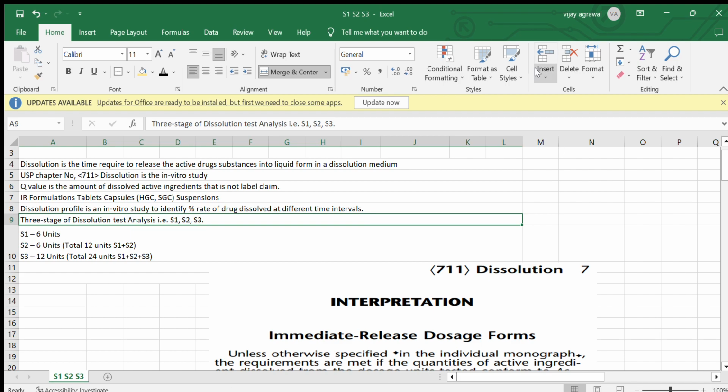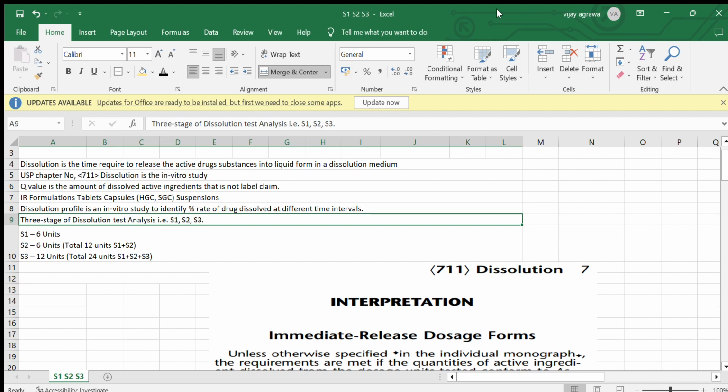Now if the formulation passes the S2 stage criteria, then the formulation is passing the dissolution testing, and if the formulation again fails at S2 stage, then S3 stage testing will be done. So in S3 testing, another 12 units will be taken and dissolution will be performed.